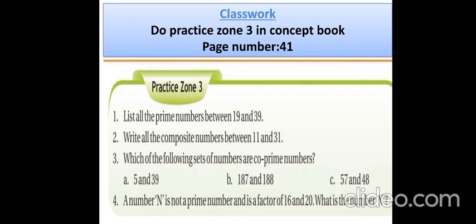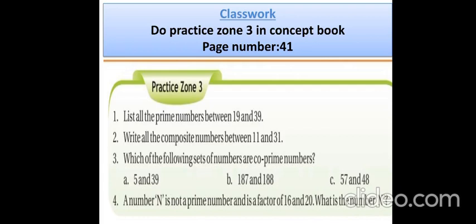And third question: which of the following sets of numbers are co-prime numbers? They have given 3 subdivisions: 5 and 39, 187 and 188, 57 and 48.